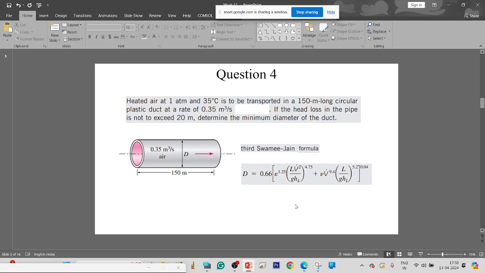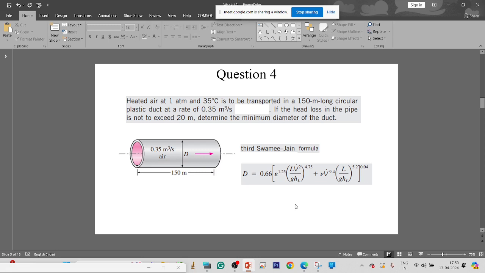Now 1 upon root f is equal to minus 2.0 log of 2.51 by Reynolds number root f. This is equation 3, and the fourth one is 20 equals f times 150 meter by d times V square by 2 times 9.81 meter per second square. This is equation 4.